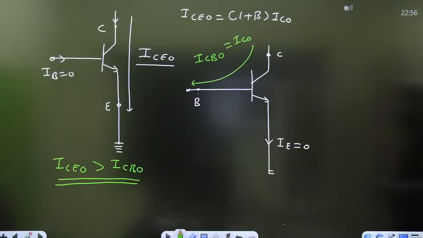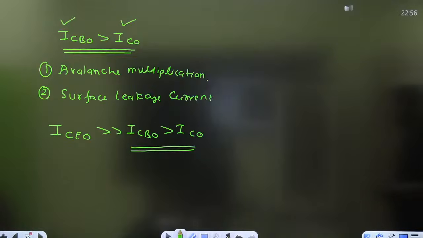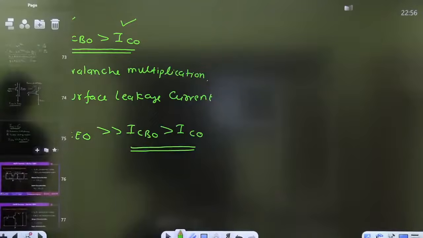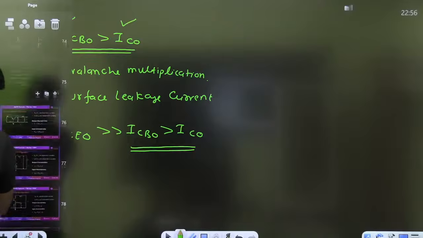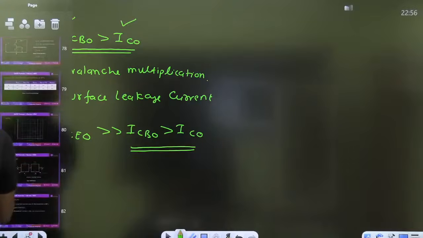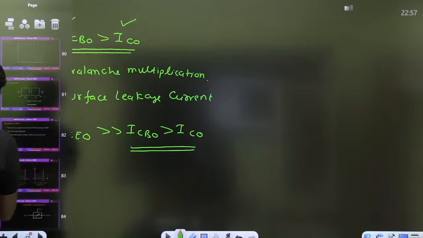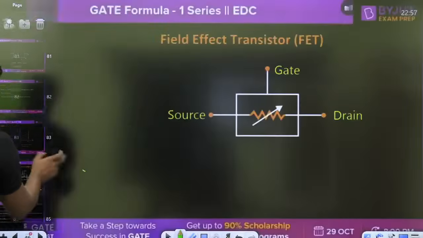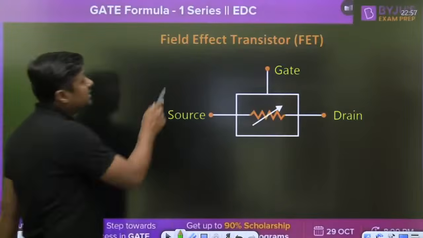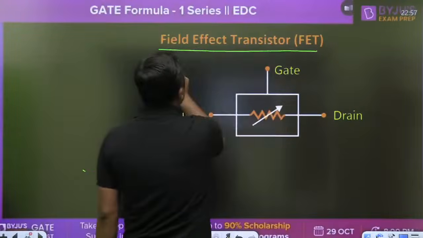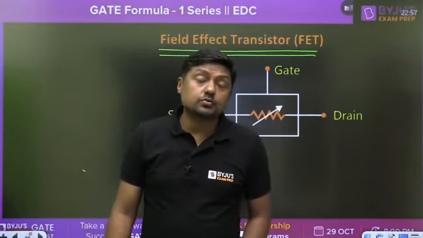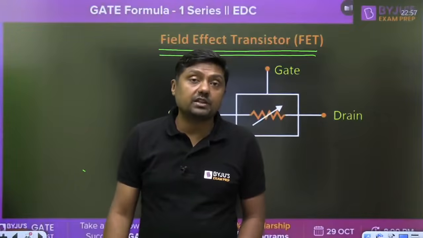Okay then. This is about the transistor. Now we have to arrange one more session on that. The properties and values I have already given in Analog. So in the next session we will start with the field effect transistor, that is FET, or MOSFET, metal oxide semiconductor field effect transistor.